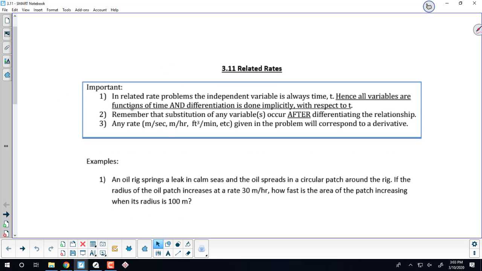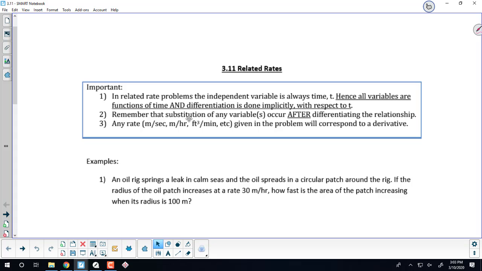Before we start though, in related rates the independent variable is always time. So all variables and functions are differentiated implicitly with respect to time. Even if you call something x and you take the derivative, you have to call it x prime because it's with respect to time.